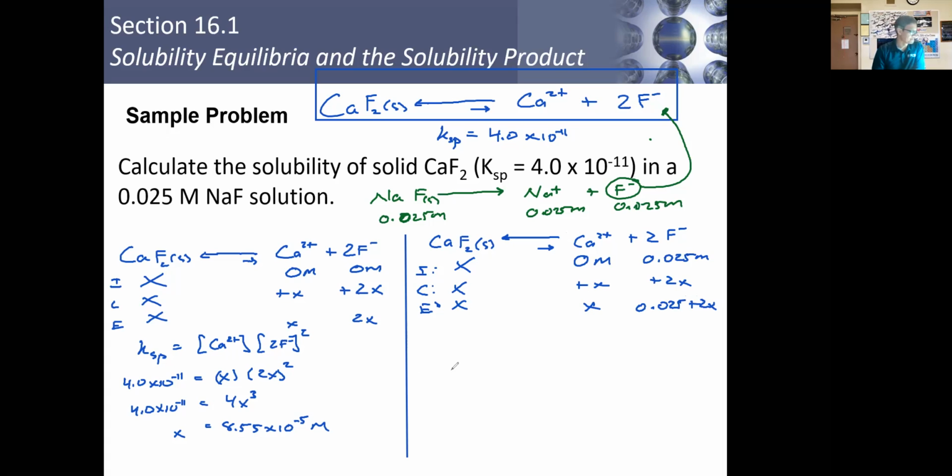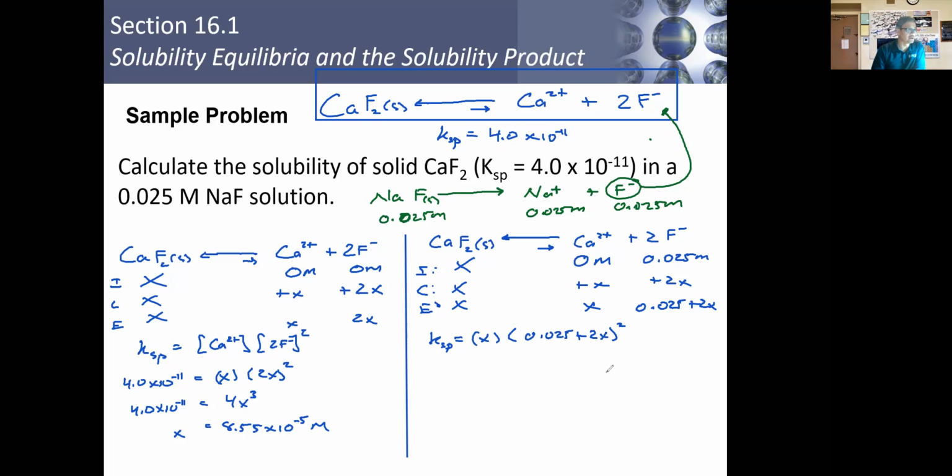Let's set up the law of mass action here, and I'm going to jump to the second step. This is going to be X times 0.025 plus 2X, squared.